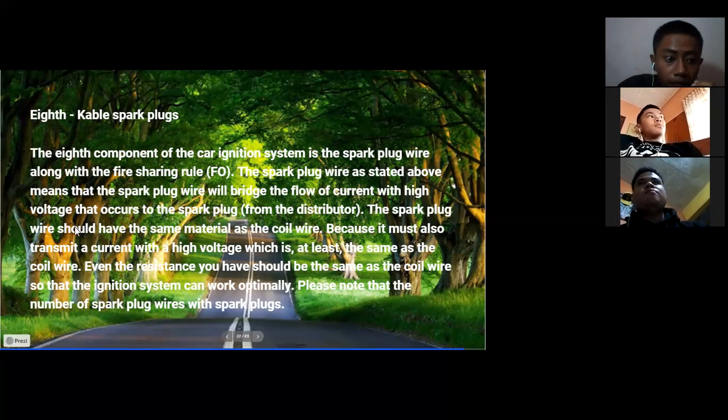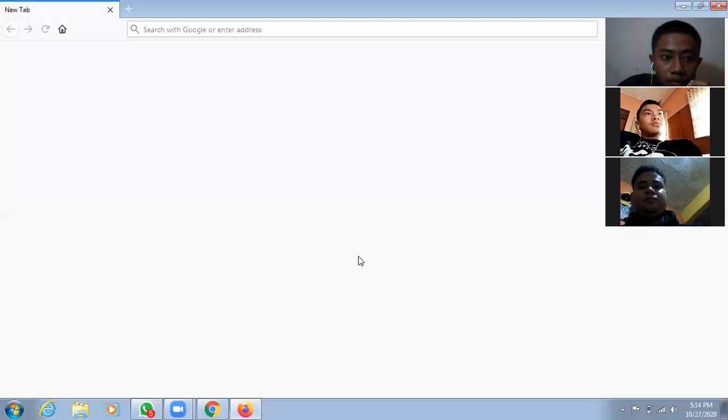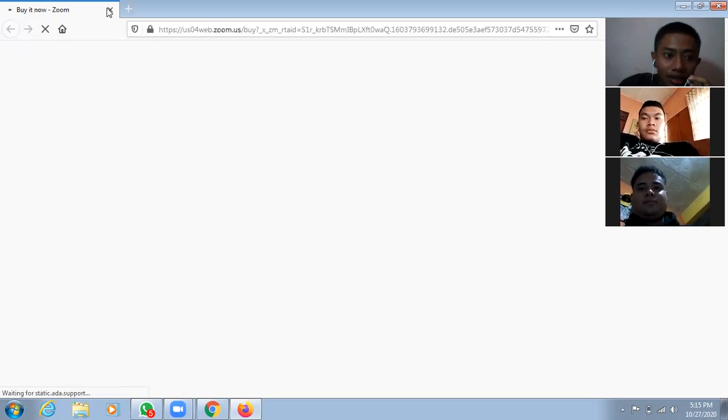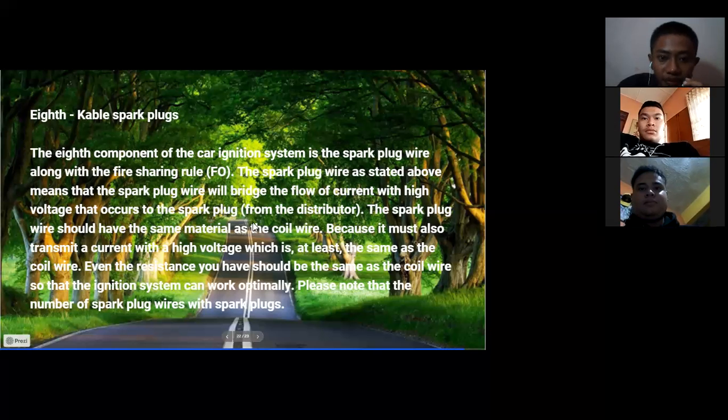The spark plug wire should have the same material as the coil wire because it must also transmit a current with high voltage.